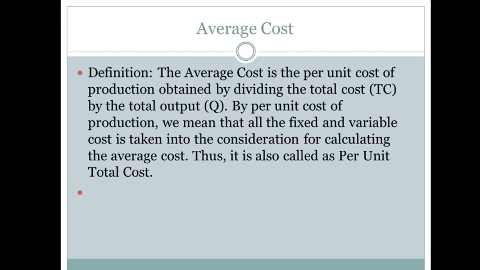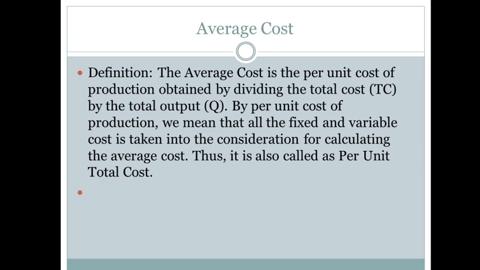Next we are supposed to see average cost. The average cost is the per unit cost of production, obtained by dividing the total cost by the total quantity. By per unit cost of production, we mean that all the fixed and variable cost is taken into consideration for calculating the average cost.